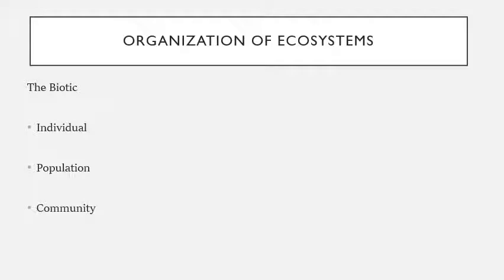So in populations, when we take a look at a population, we would define a population as a group of individuals, and they're all of the same species, living together at the same place and time. And the idea of them all being together gives them the ability to interact.